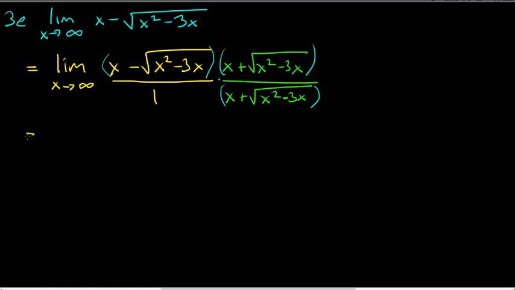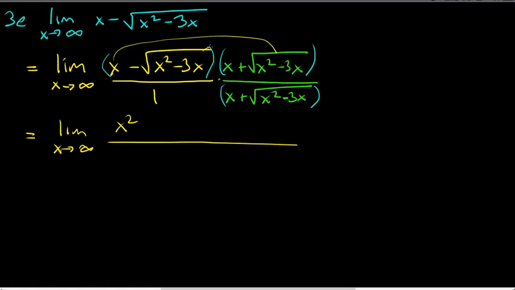So when you expand all this out, the numerator becomes x times x, which is x squared. The reason for doing the conjugate is so that the outside plus the inside add up to 0, and then you just get minus the square root of this thing squared, which is x squared minus 3x. And the denominator is just 1 times x plus the square root of x squared minus 3x.